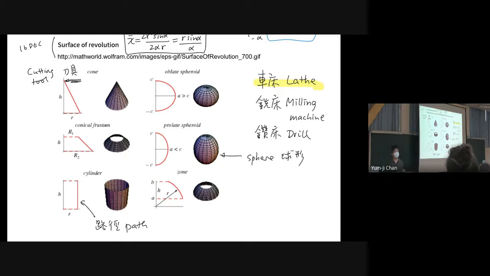The problem now is how do we get the surface area or the volume of these shapes?